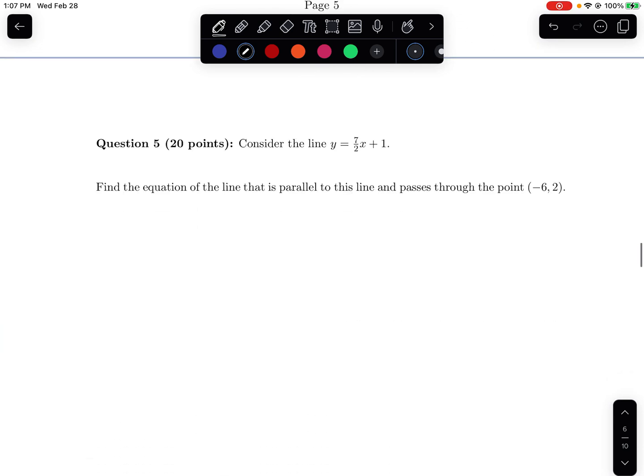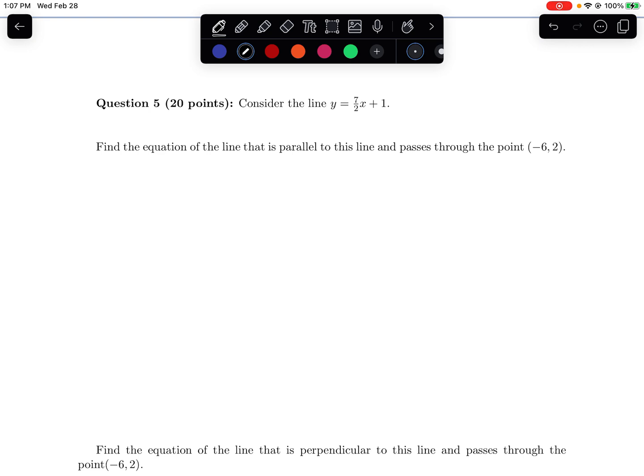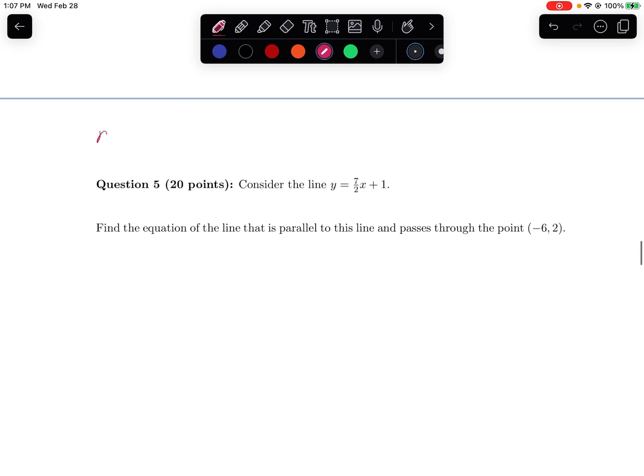Let's take a look at this one. We're going to consider the line y = 7/2 x + 1. We want to find the equation of the line that is parallel to this line and passes through the point (-6, 2). If we want a line that is parallel to this line, we know that parallel means the same slope.